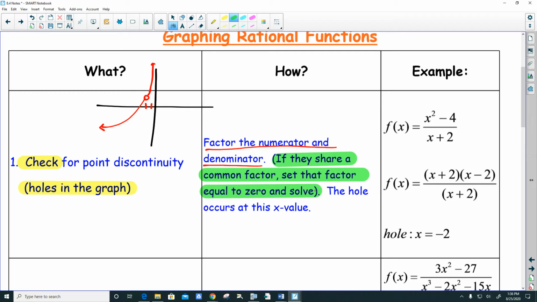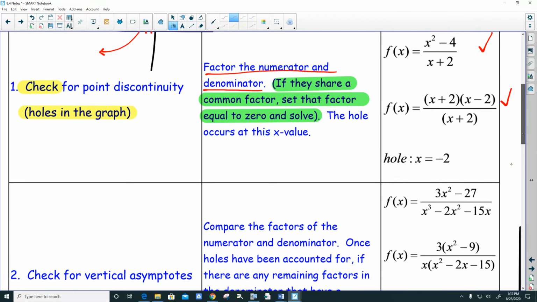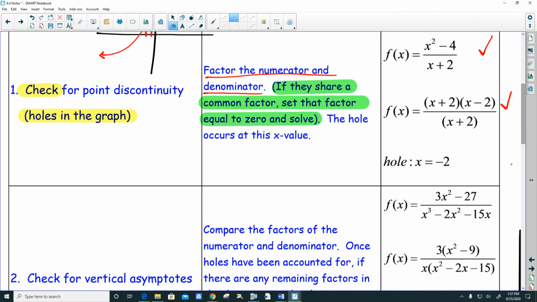Okay, so for example, I have a problem here off to the side that is worked out here. You can see that right here was the original problem. You can see in this step I factored the numerator, that's a difference of 2 squares. And then I'm looking to see, is there a common identical factor in the numerator and in the denominator?